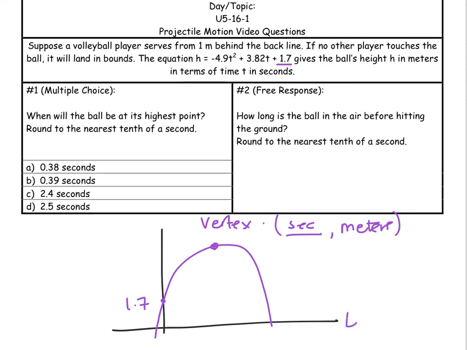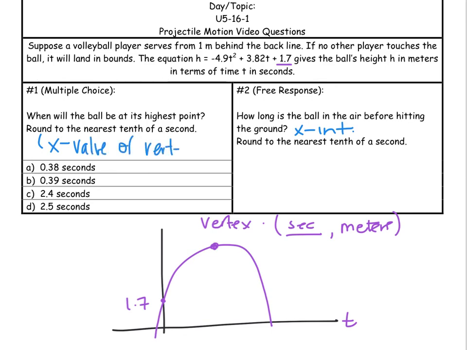Instead of using x, they're using t, but you can use those interchangeably. When will the ball be at its highest point? We have to find the vertex, rounding to the nearest tenth of a second. And in question 2, how long is the ball in the air before hitting the ground? So we are looking for the positive x-intercept. Here we're looking for the x value of the vertex.